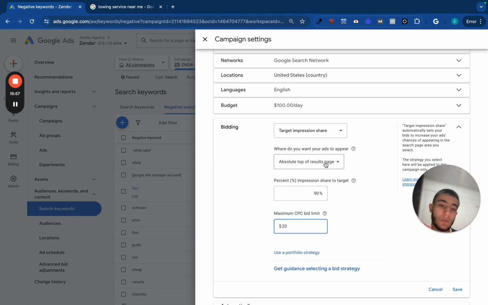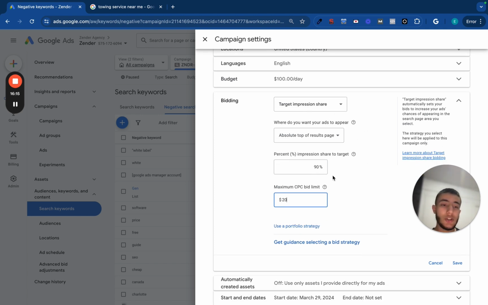Usually, I don't use target impression share, and I use manual CPC because manual CPC usually works best when placing your ad first on Google Ads. So if you're using target impression share, just keep in mind to use exact match instead of broad match, because if you're using broad match, it's going to go over the less competitive searches like irrelevant searches, competitor searches, branded searches.